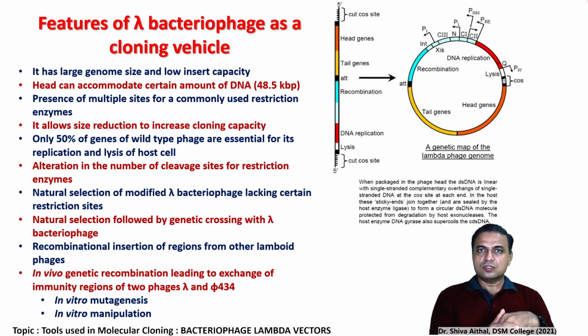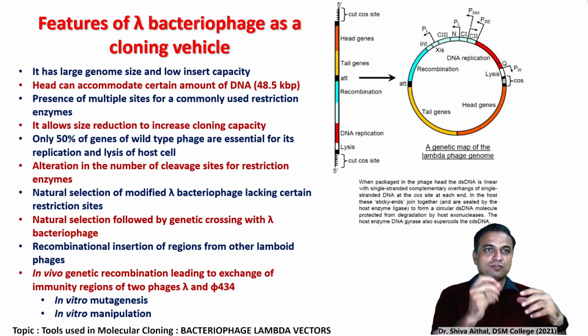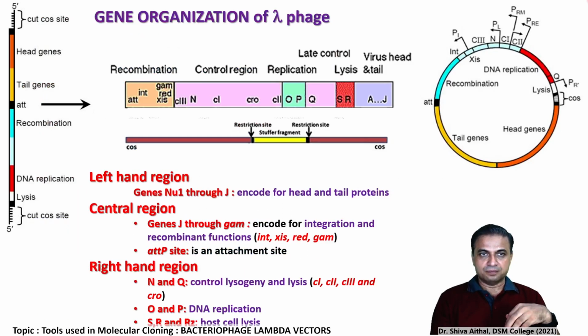In vitro genetic recombination leads to the exchange of immunity regions, as I said, host restriction and modification of the DNA, and these can be removed by in vitro mutagenesis and in vitro manipulation of the genes of this phage. So all in all, it allows manipulation, mutation, and modification of 50% of the genes, which makes it an excellent cloning vehicle.